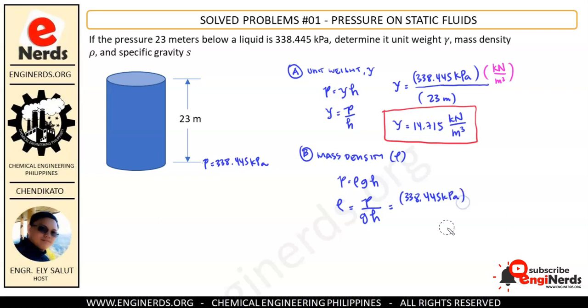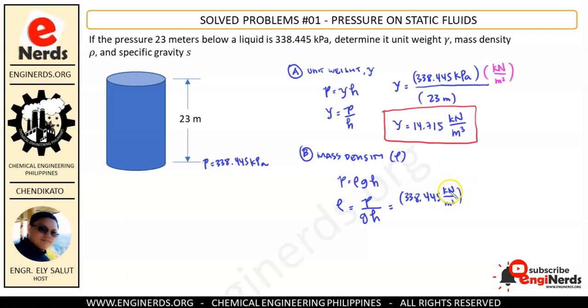kilopascal. And as we mentioned earlier, itong kilopascal is equal to kilonewton per square meter, no? So, palitan na natin itong unit natin dito para mas mapadali yung ating calculation. So, our unit will be in kilonewton per square meter. Okay? And then now, i-breakdown natin itong newton natin, no?